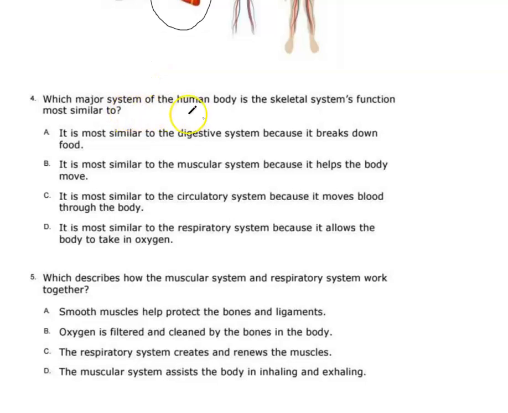Which major system of the human body is the skeletal system's function most similar to? She says it's B, the muscular system, because it helps the body move. When I look at the functions, sorry about this one here, yes, the skeletal system helps my body move. It does not break down food. What system is that? Digestive.